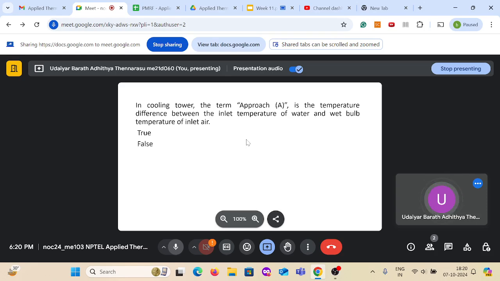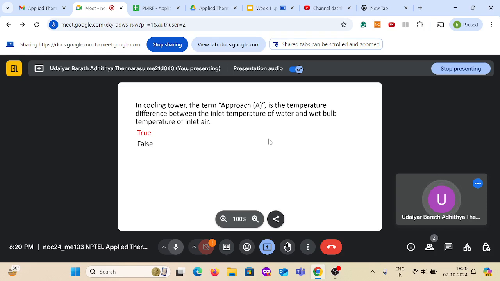This is equivalent to the thermodynamic wet bulb definition, an adiabatic saturation process. The minimum temperature it can reach is the wet bulb temperature. So this temperature difference is called the approach.